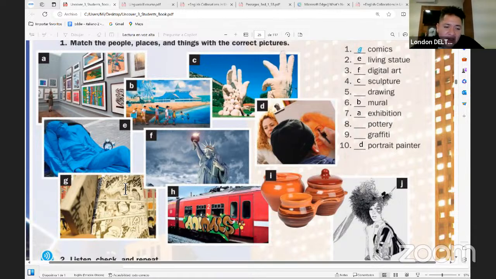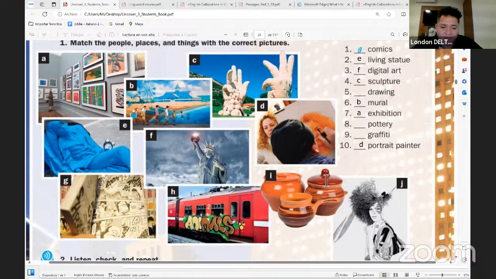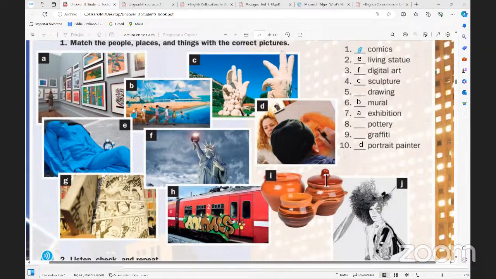Daniela, letter G, please. What is that? What is letter G? Oye, teacher, es que se me fue en donde aparecen las imágenes.